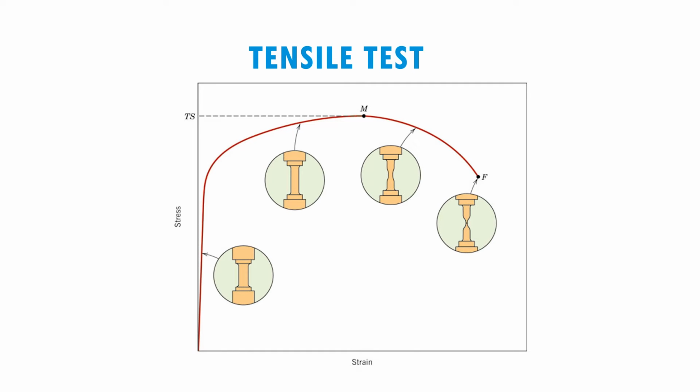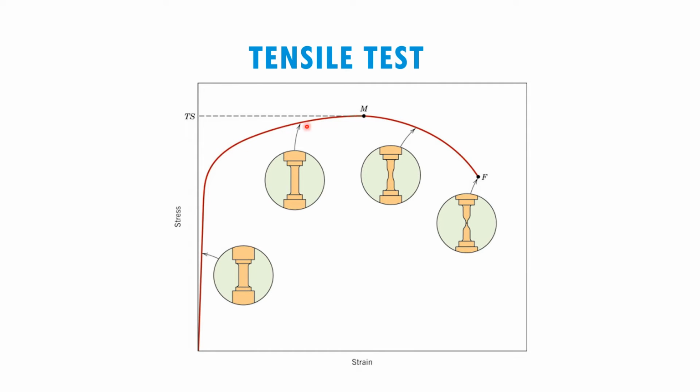The absolute limit and this stress level is called the ultimate tensile stress. Here is how the sample looks when we perform the tensile test. In the elastic region, the material is still in its original form. After the yield point, you can see the cross-sectional area start to decrease as the material elongates.